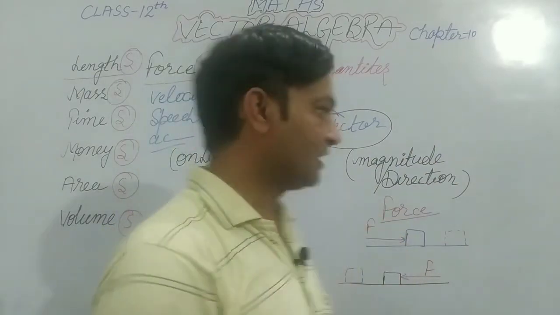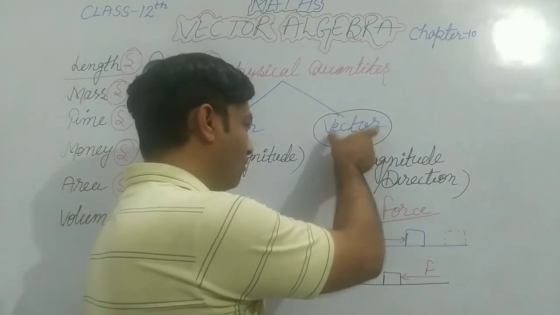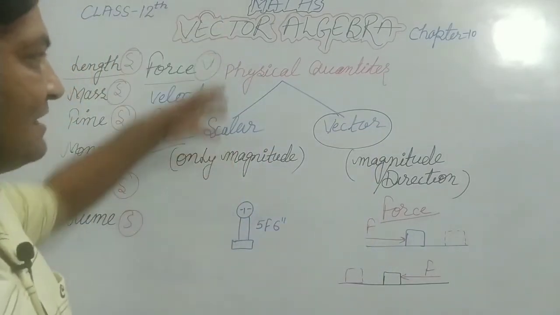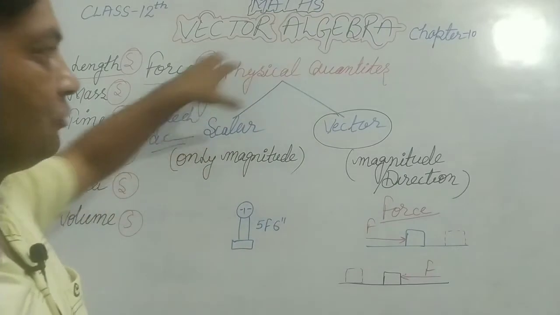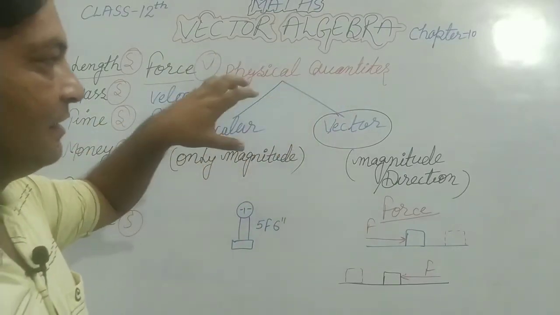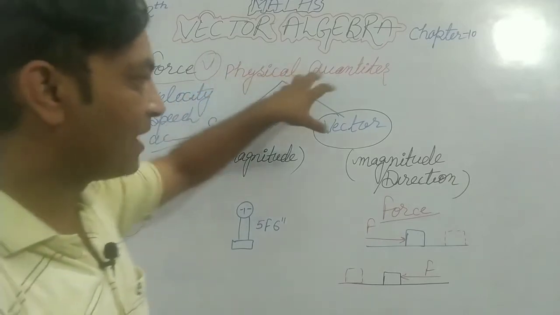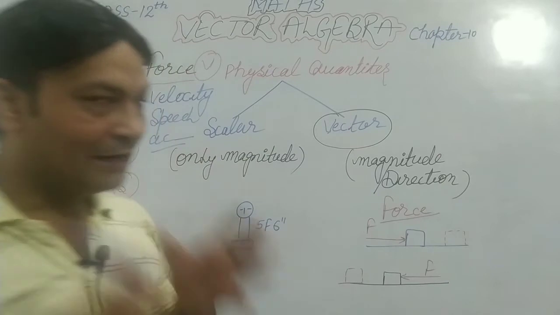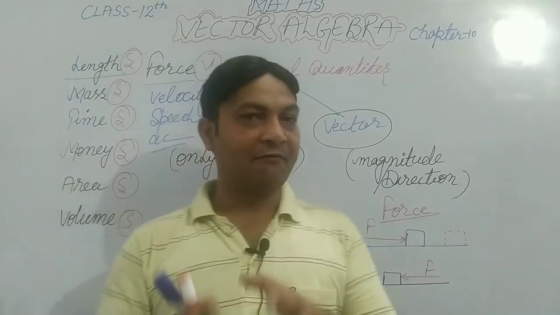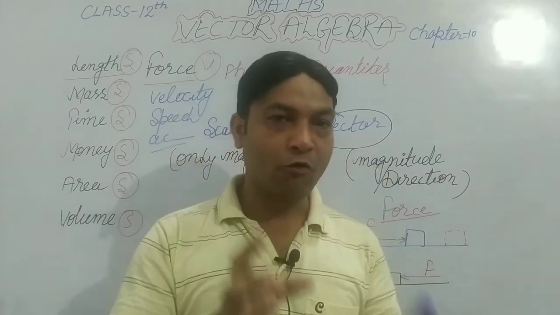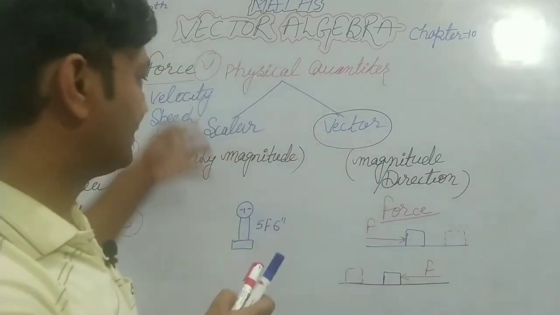These are physical quantities, but they are not related to our course. We will discuss only vectors. In mathematics, we will discuss a vector as a directed line, not as physical scalar quantities.